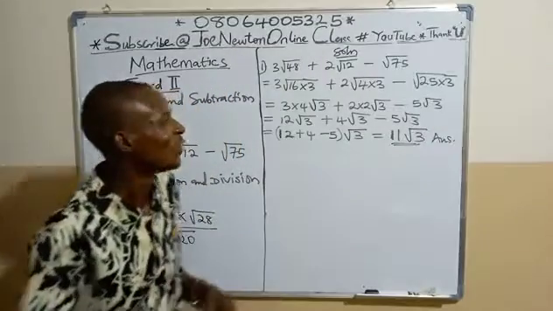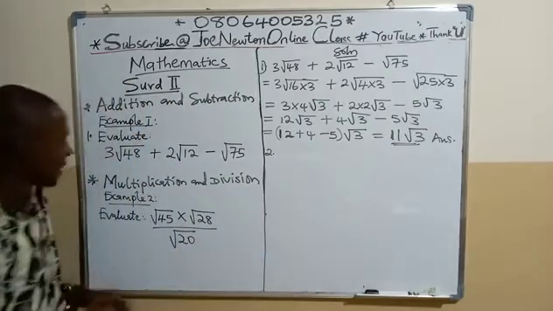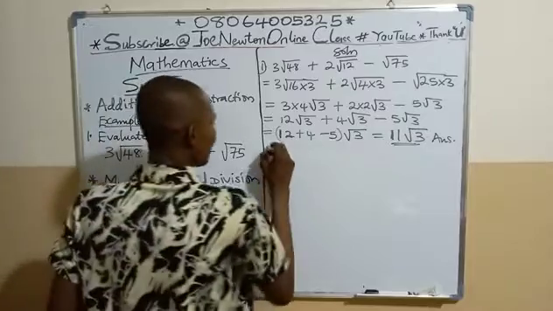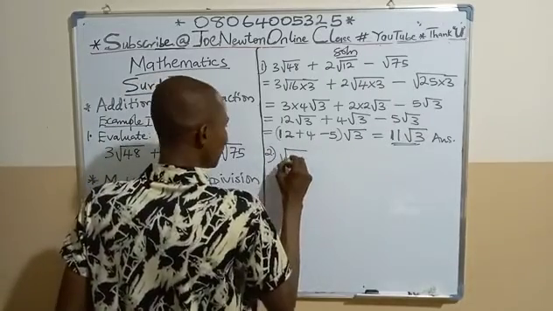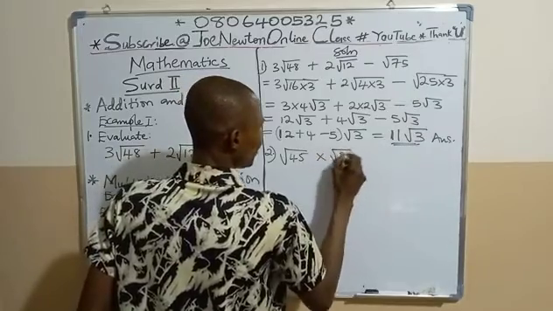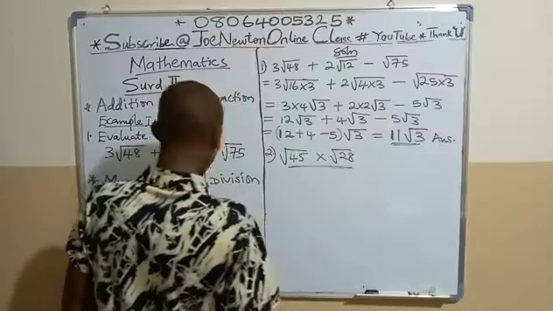Now let us look at the number 2 question quickly. Number 2 question is from multiplication and what? Division. We are given root 45 times root 28 all over root 20.